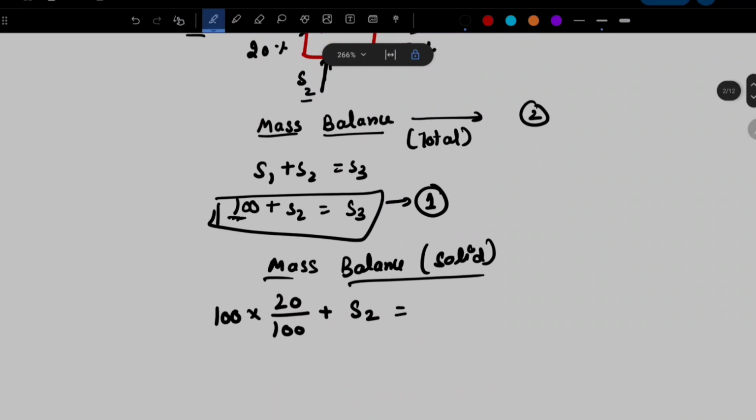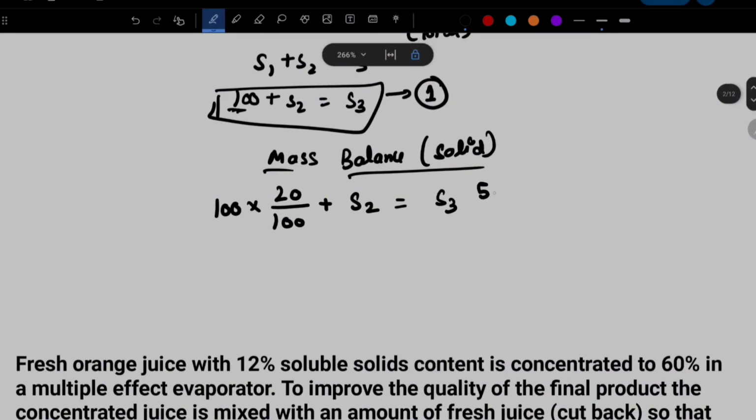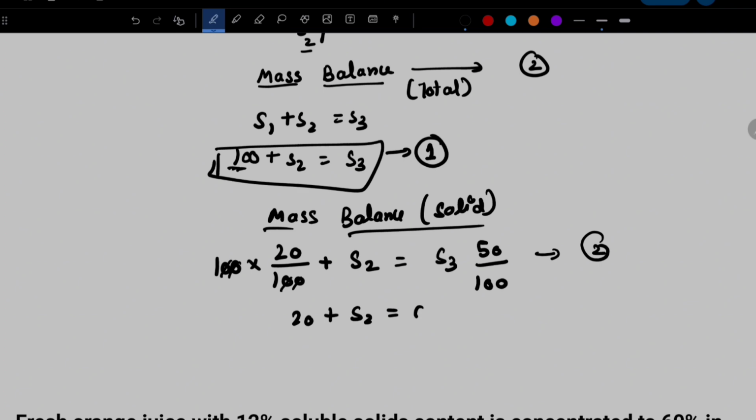S3 also we don't know, but we know the concentration is 50%, so it's 50 divided by 100. This is what I get in the second equation. If I solve this, I'll get 20 plus S2 equals 0.5 S3. This is the second equation.